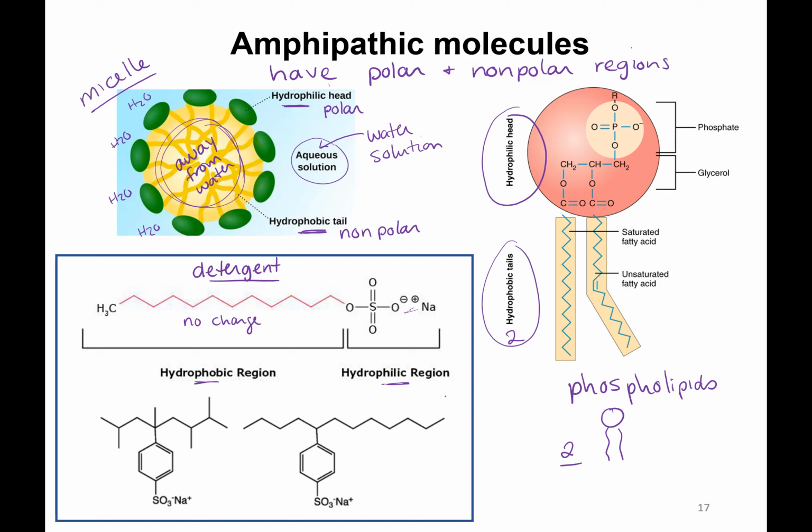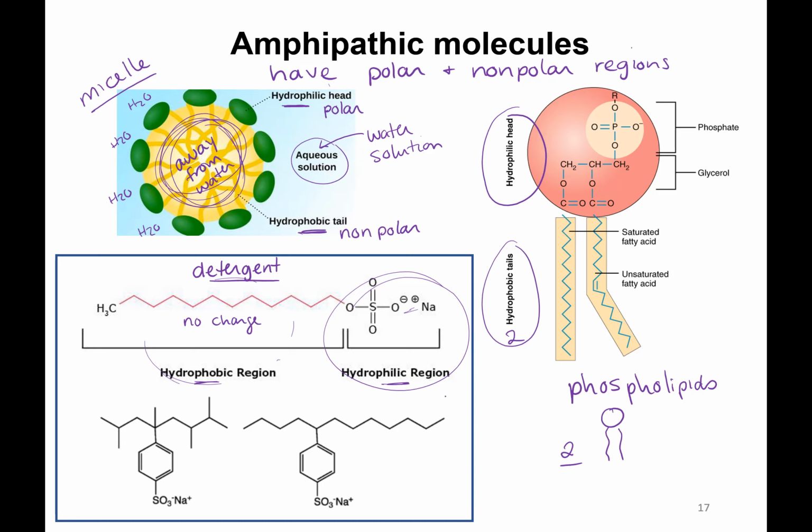It doesn't like it, can't interact with it. So you need to put in an amphipathic molecule, like a detergent, where it can interact with the grease, and it can interact with the water you're using to wash your hands, and then it can help remove that grease or that lipid off of your skin, in this case.